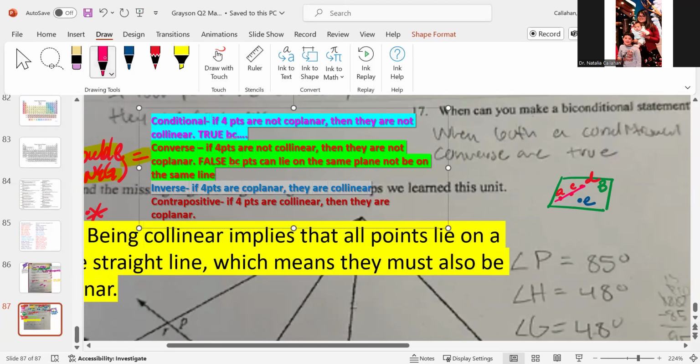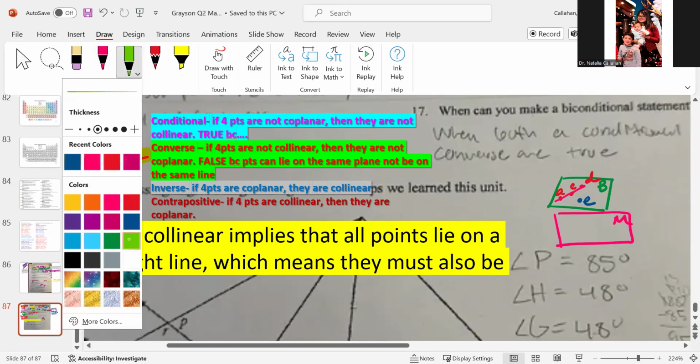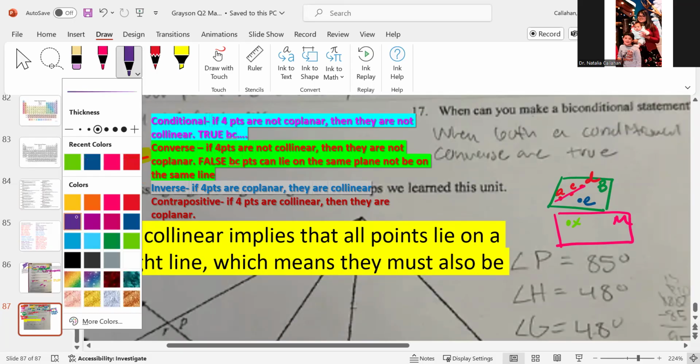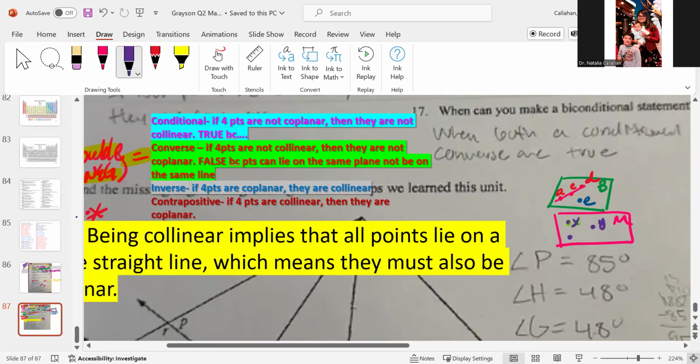No. I can also draw another plane, this is called plane L. Isn't it possible for me to draw X, Y, Z, K? They're all on the same plane, but they're not on the same line.